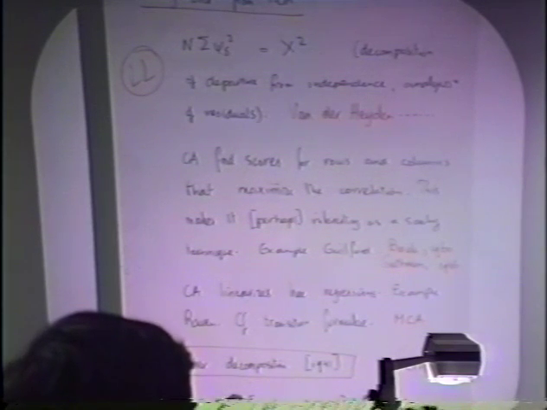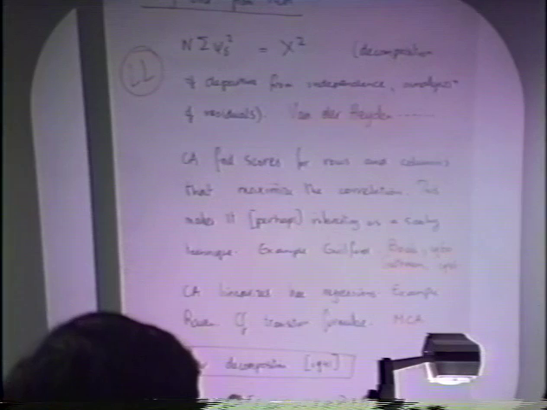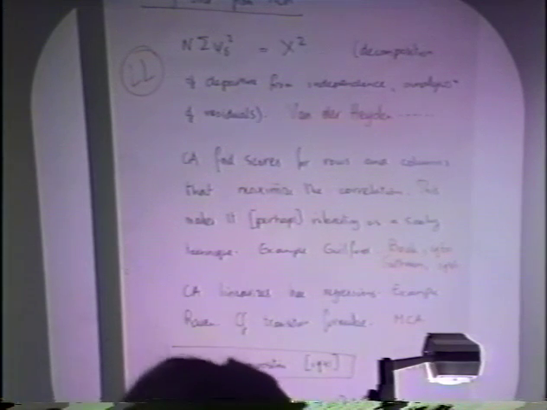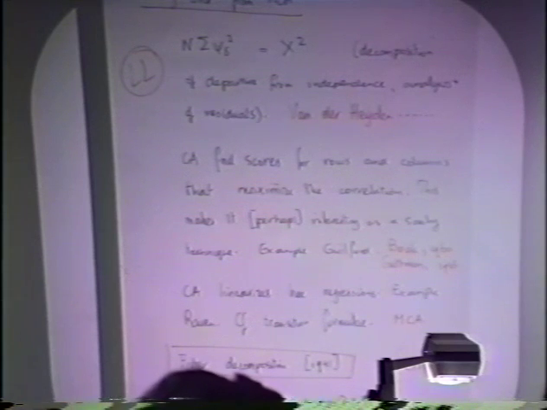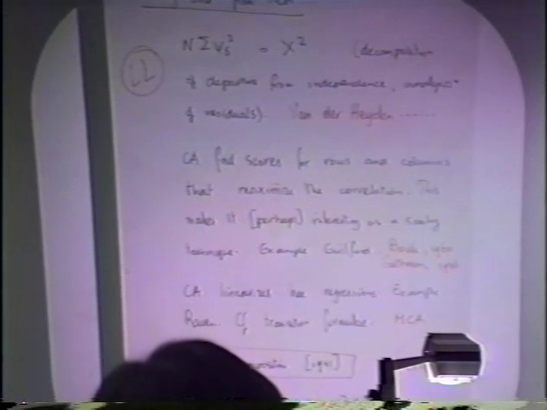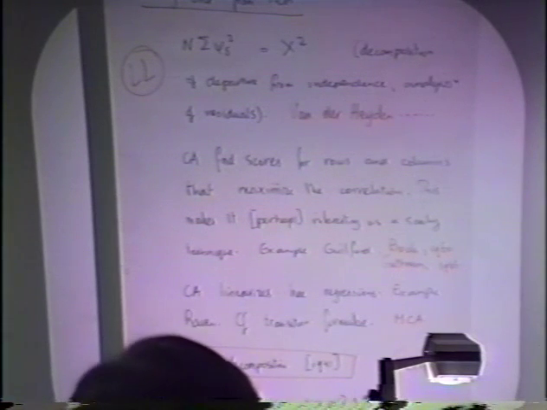Different scores will lead to different correlation coefficients. What are the scores that lead to the largest one? These are exactly given by the first dimension of correspondence analysis. So correspondence analysis gives you the maximum possible correlation. In that context, it was almost discovered by Karl Pearson in 1905.